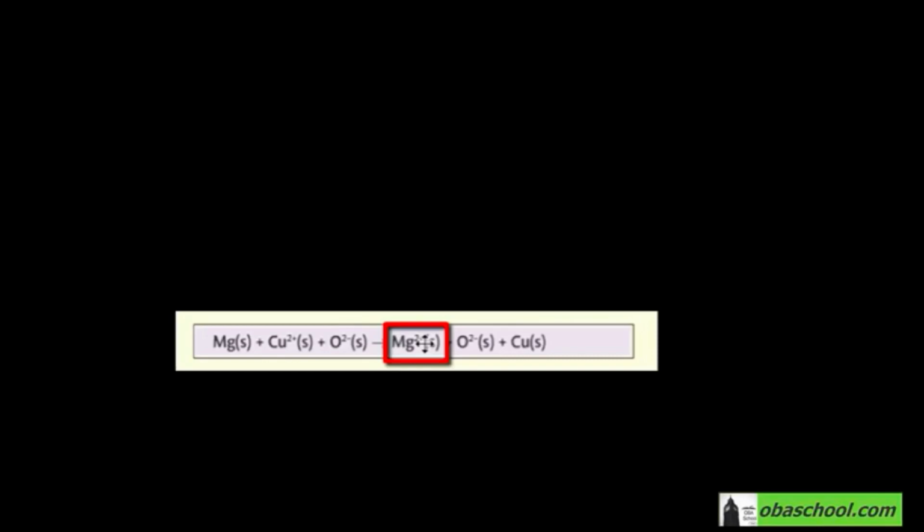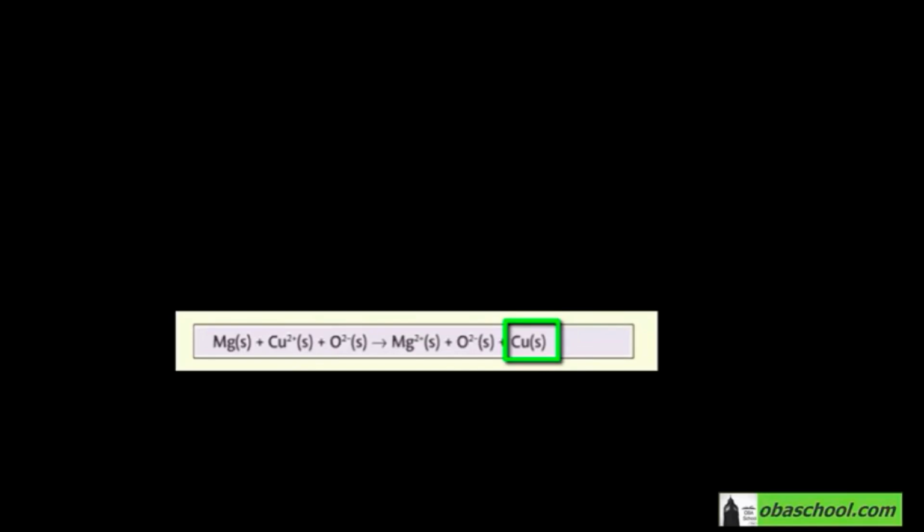However, if it was negative, it indicates that it gained electrons. Here magnesium lost electrons and became positive. However, copper 2 plus became copper with no charge. It gained 2 electrons since the 2 plus is gone.